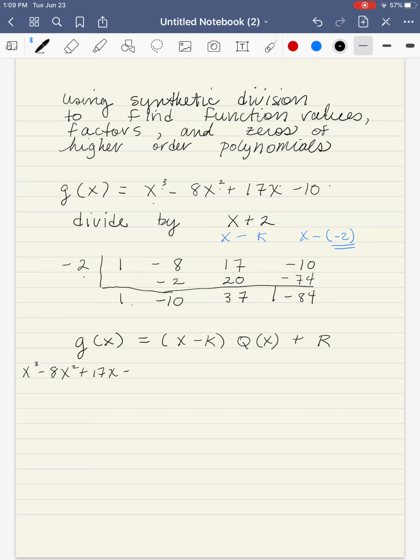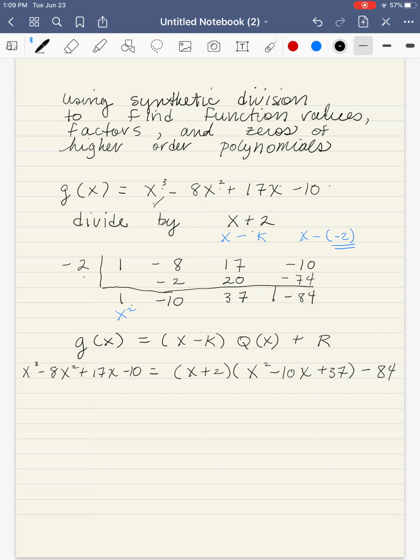So g of x was the polynomial we started with here, x cubed minus 8x squared plus 17x minus 10, equals, and we see that we're dividing out x plus 2, and our quotient, what we get after we divide, we started with x cubed, so we go to x squared here.